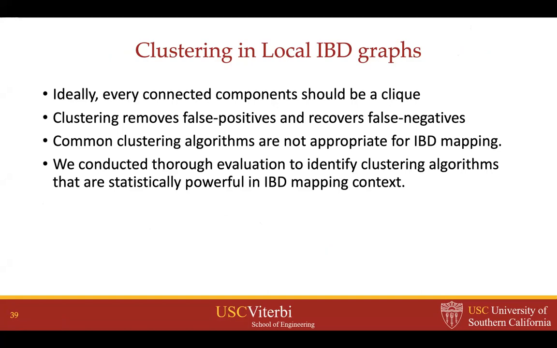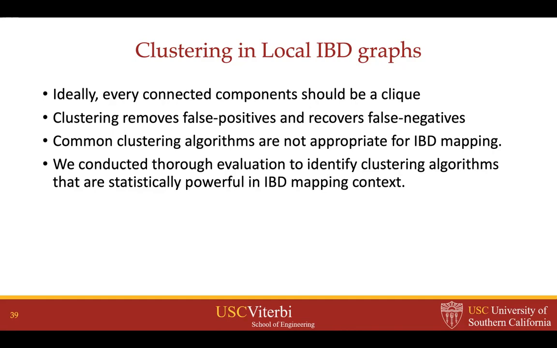While you would expect every subcomponent that you see in these graphs to be fully connected and be basically cliques, in reality we have false positives and false negatives due to various reasons, like phasing errors or the IBD segment being too short to show up between two individuals, for example.